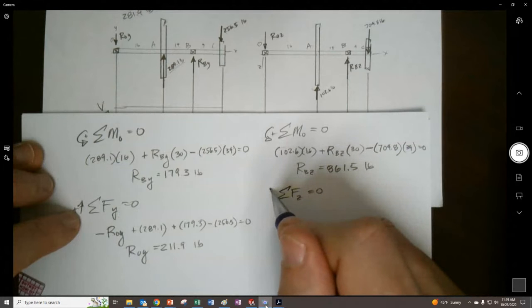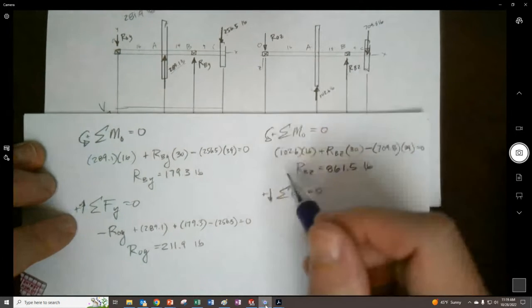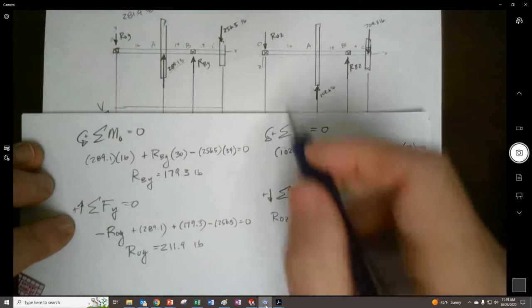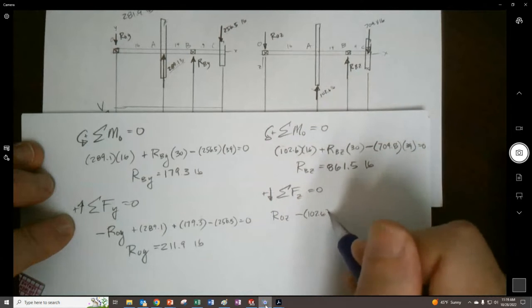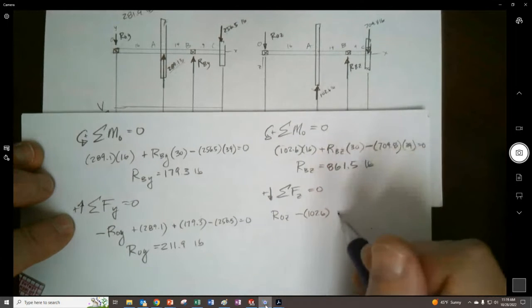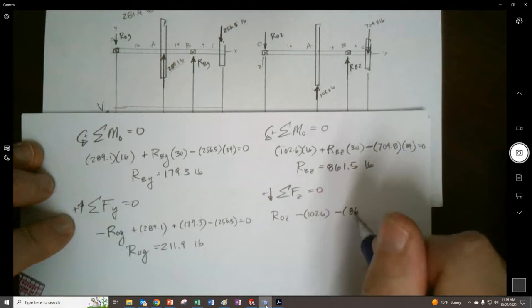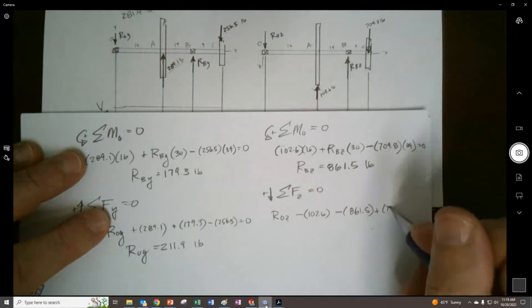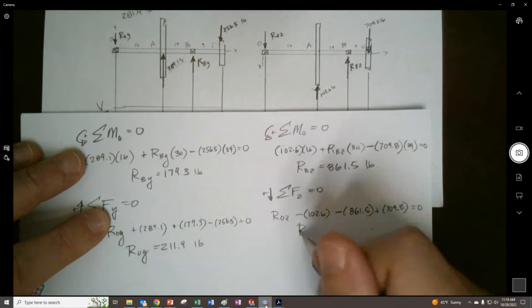I'm going to be technically correct by saying downwards is positive here from this viewpoint. And so that means we have our ROS drawn in the positive direction, minus 102.6 in that direction, minus 861.5, and then plus 704.8 equals 0.